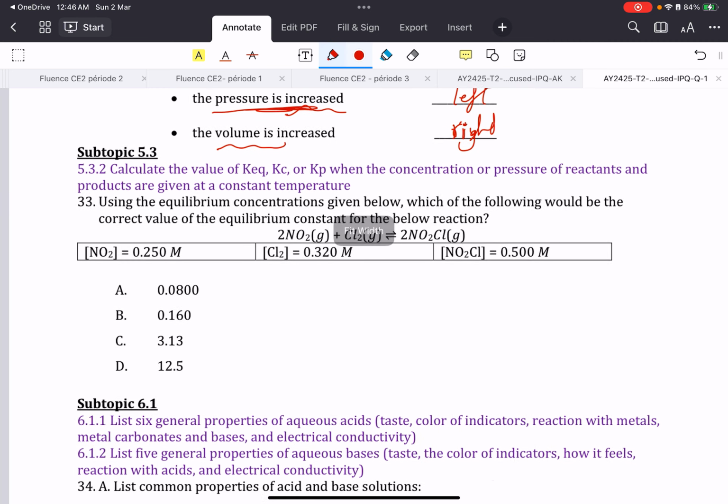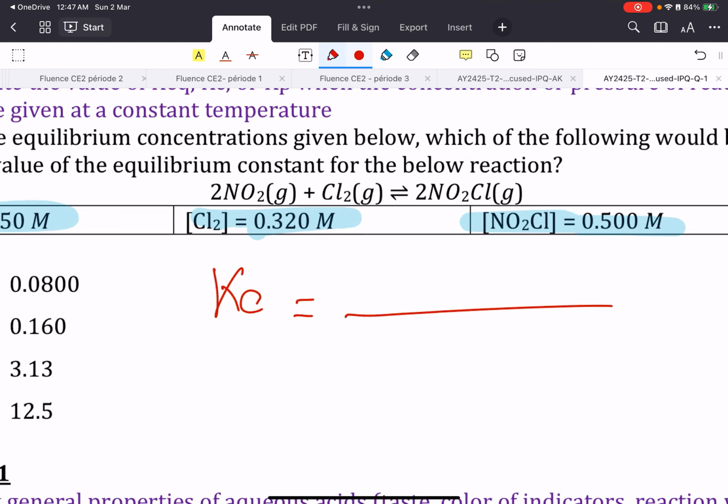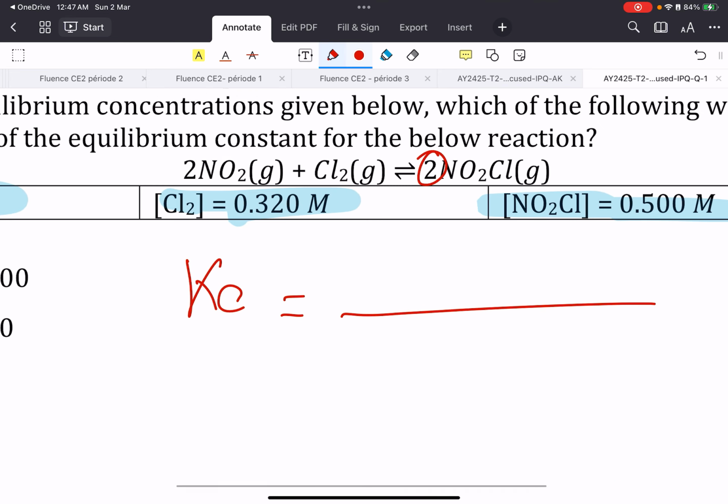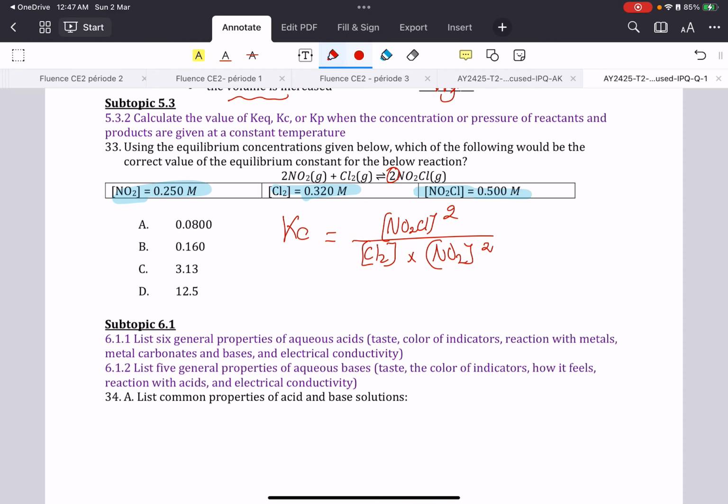Now, moving on to the last question in topic 5.3. They will give you values for the concentration. You need to substitute in the formula of Kc and find the answer. So the Kc of this compound is NOCl, NO2Cl raised to the stoichiometric coefficient power over Cl2 multiplied by NO2 squared.